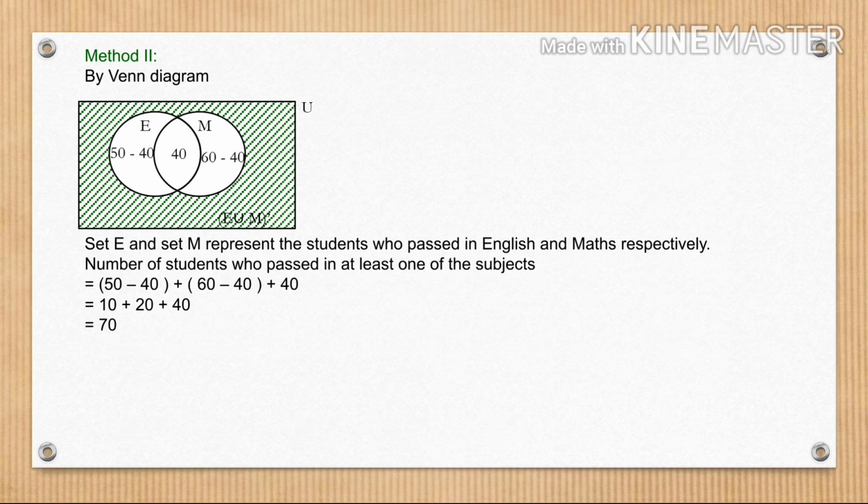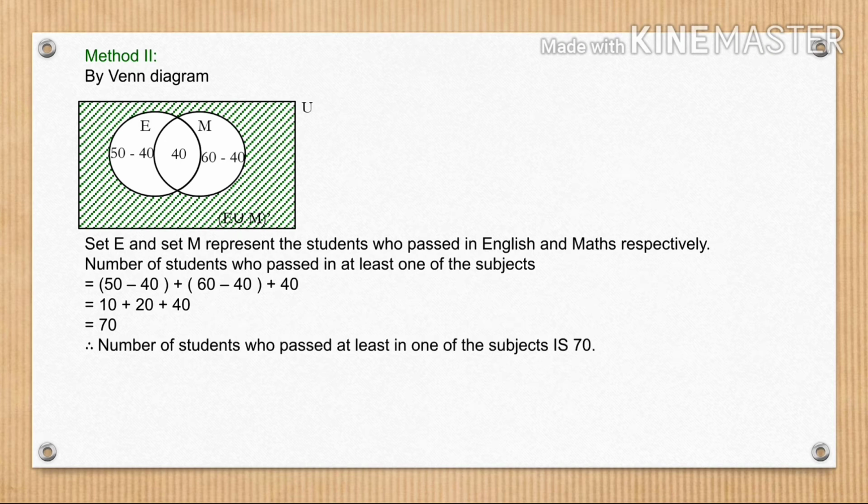At least one of the subjects means the portion which is shown by that white part, E and M, that is 50 minus 40, 10, plus 60 minus 40, 20, plus the intersection, 40 students. So it is 10 plus 20 plus 40, total is 70. Then the number of students who passed at least in one of the subjects is 70.